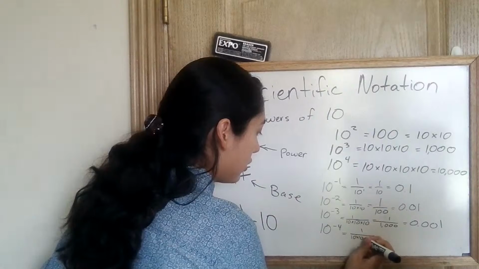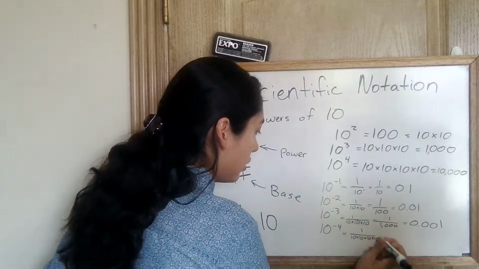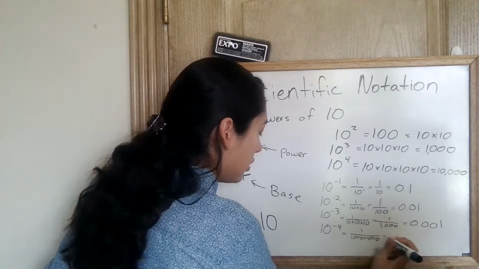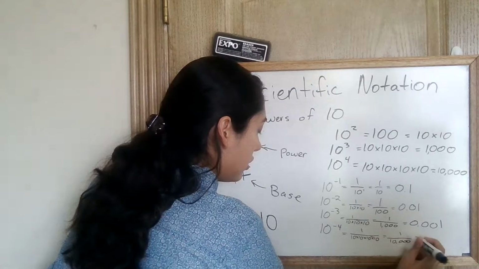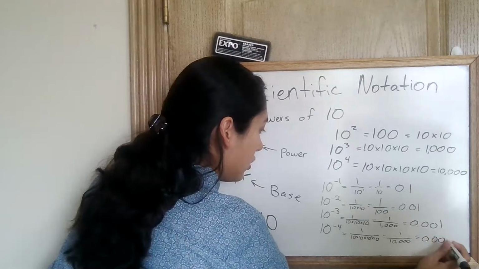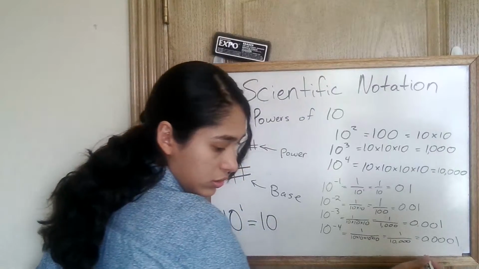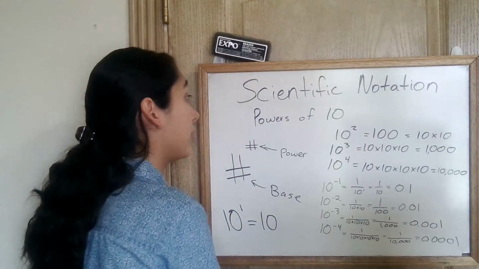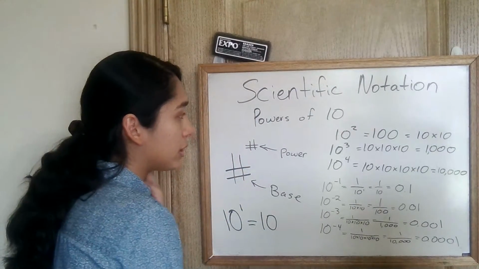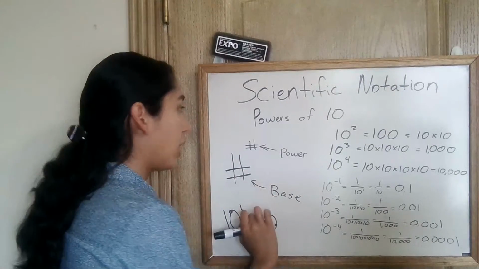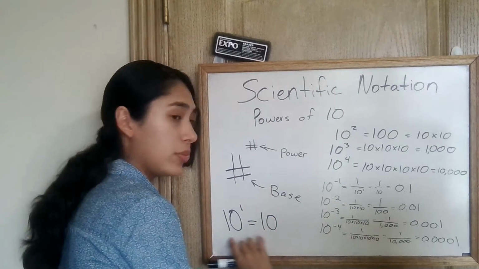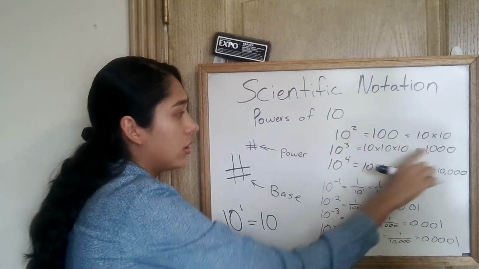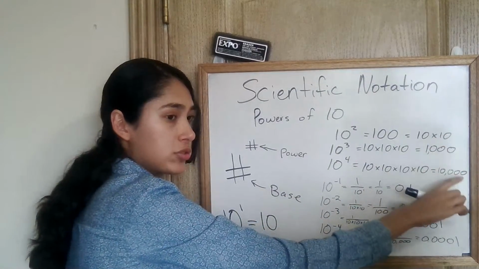10, now that we look at it like that, we notice that the higher the exponent, when you have the base of 10, the values get bigger. There's more zeros at the end.